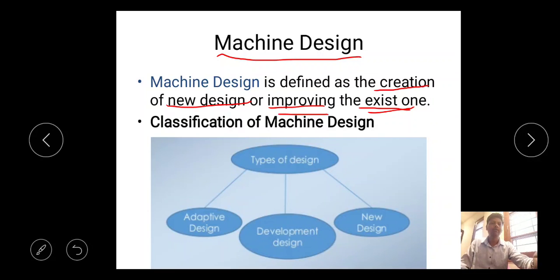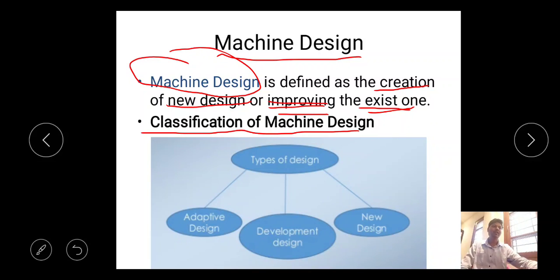So that is defined as machine design. You understood? Machine design is nothing but creation of a new design or improvement of an existing one.